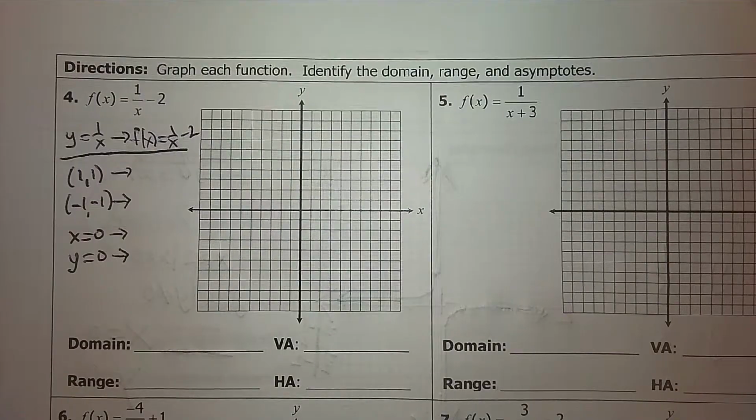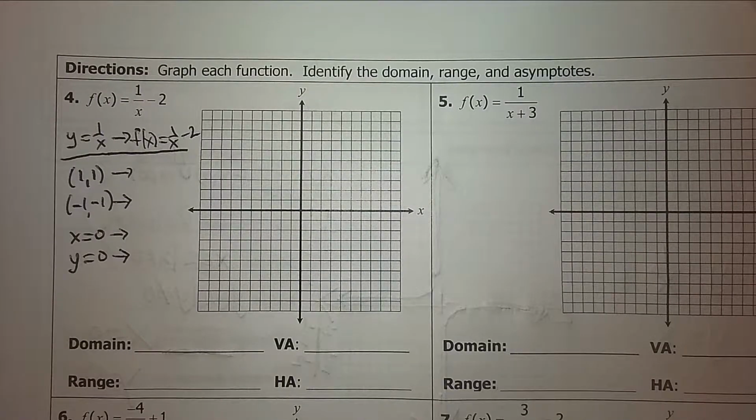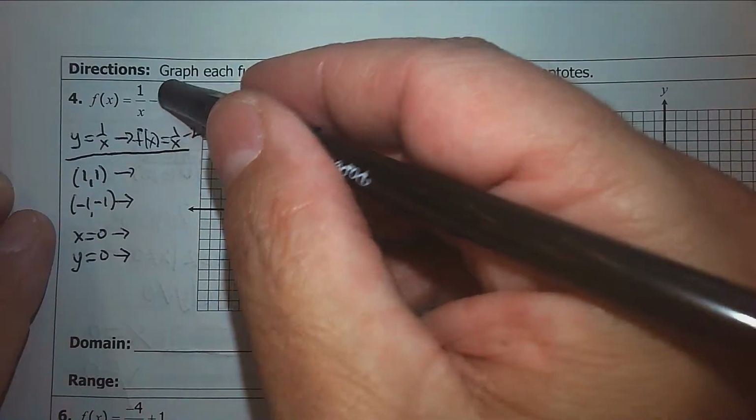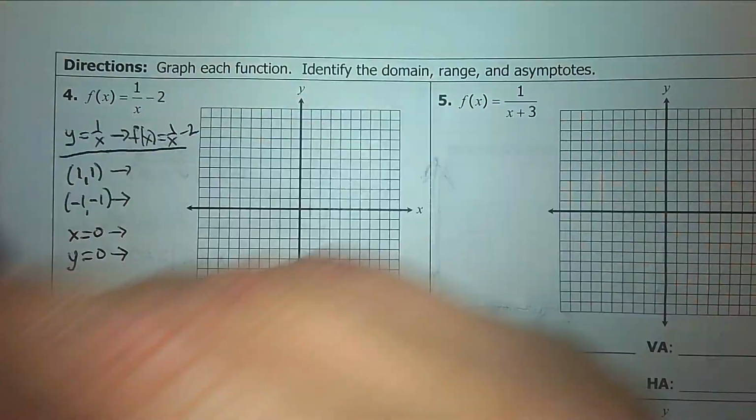So I want you to understand this. If you have a number adding or subtracting outside the function, or a different number in the numerator, that affects the y coordinates. If it's in the denominator, it affects the x. Otherwise, it affects the y. So when I see subtract 2 outside the function, it does what it says.